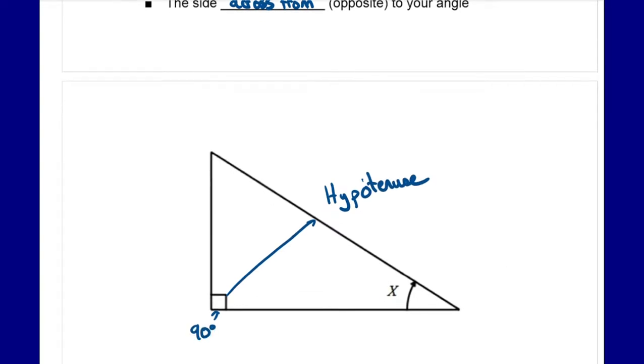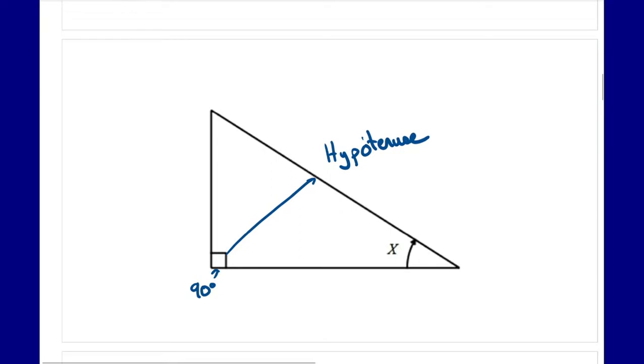It's across from 90 degrees. Now the other two sides, the opposite and adjacent, are based off of this angle here. It's our given angle. We may also see it referred to as a reference angle. But the idea is this is the angle that we're given or trying to find. Based off of that, the side next to it is our adjacent.